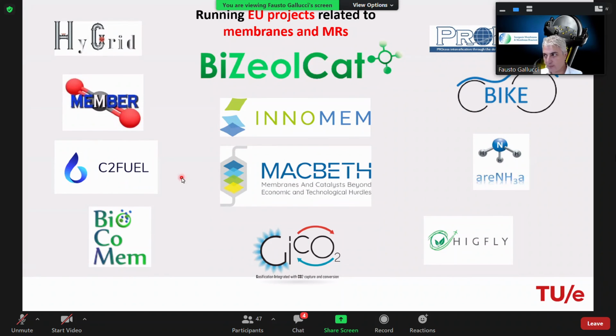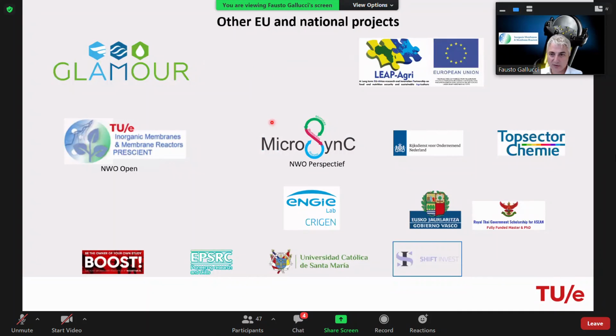And of course, as I told you, I showed you something on chemical looping. This project is producing Fischer-Tropsch fuels with chemical looping, at least chemical looping is one of the steps. And then there are a lot of projects on plasma, and combinations of membranes and different reaction engineering.